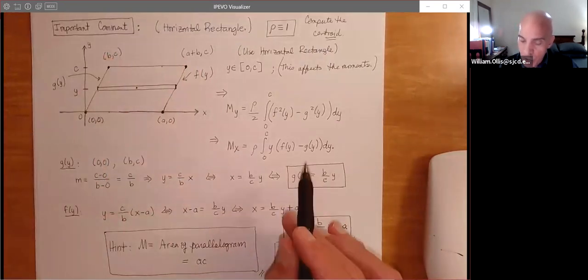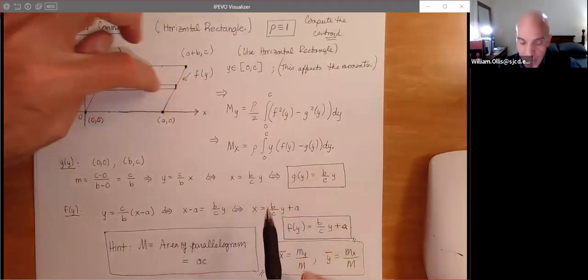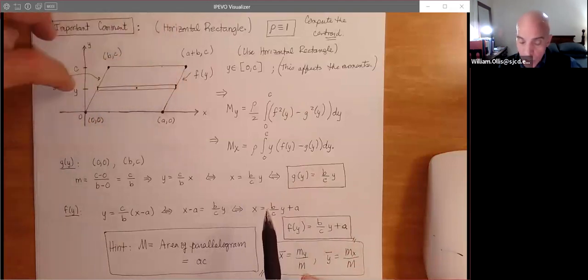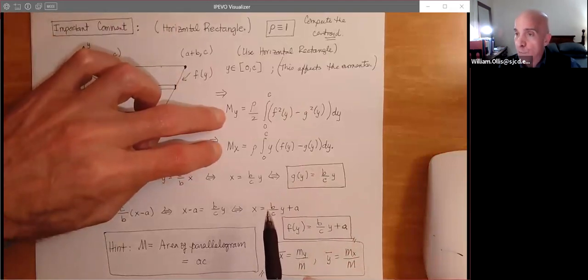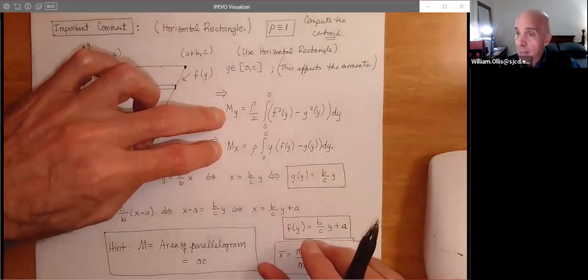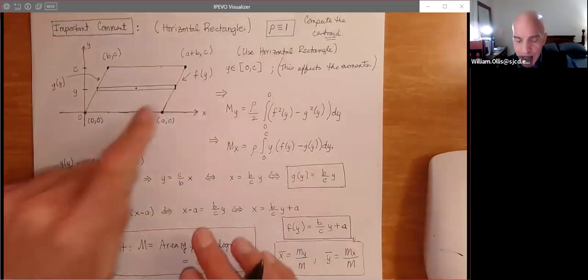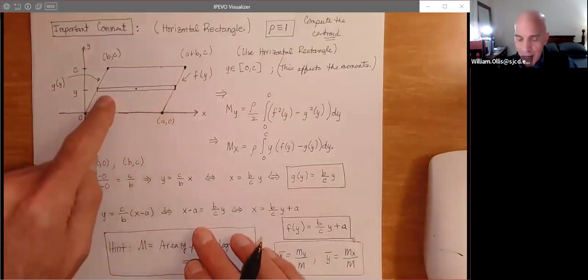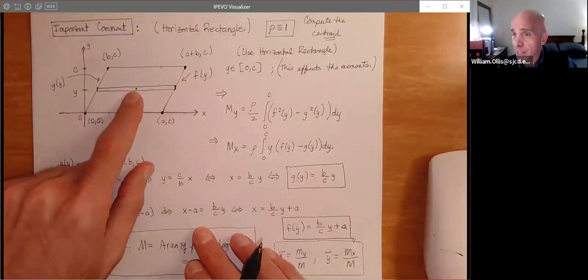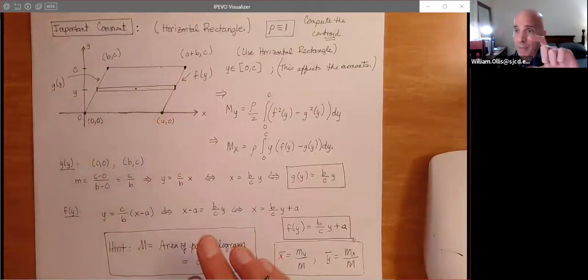And then because, remember, the rectangle is horizontal, the actual formulas for the moments about the X and Y axes flip. The definition for the center of mass does not change, but since now we have a horizontal rectangle, it does affect the formula because when we derive the formula the formula was vertical.